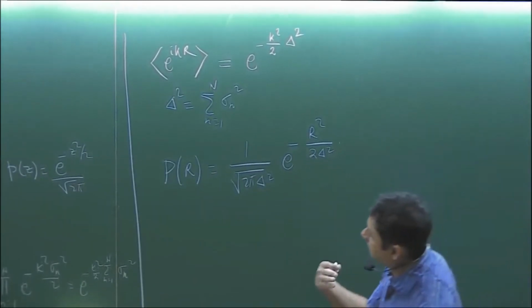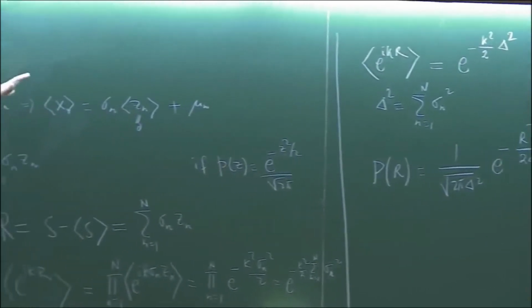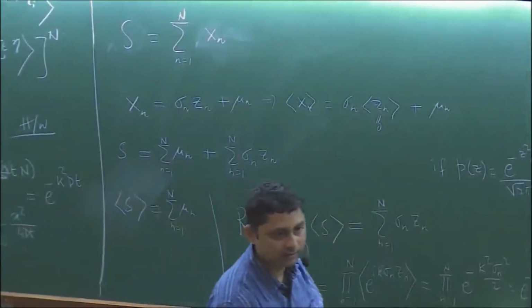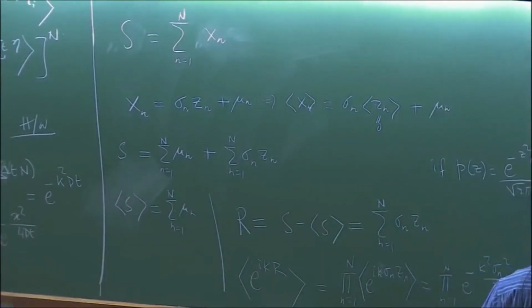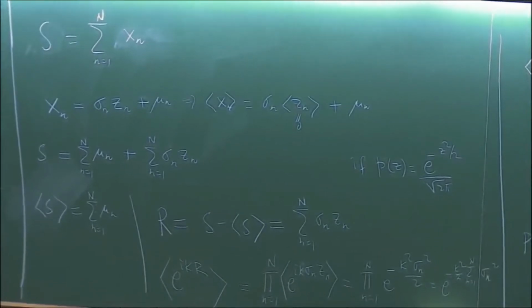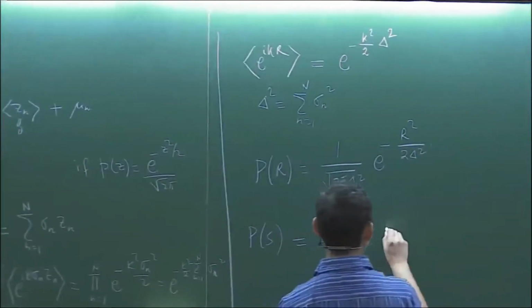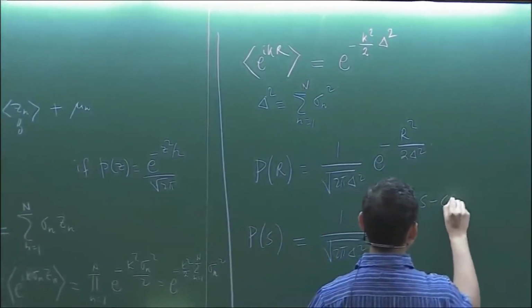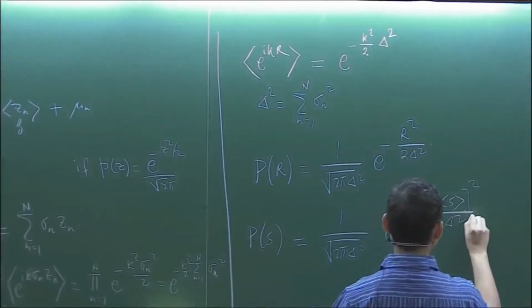So therefore, if I have a sum of random variables which are distributed from a Gaussian distribution, then the sum is also Gaussian. And if I know P of R, of course I can find out P of S. So what is P of S? It's just this one: 1 over square root of 2 pi delta square, e to the power minus S minus average, squared, by delta square.